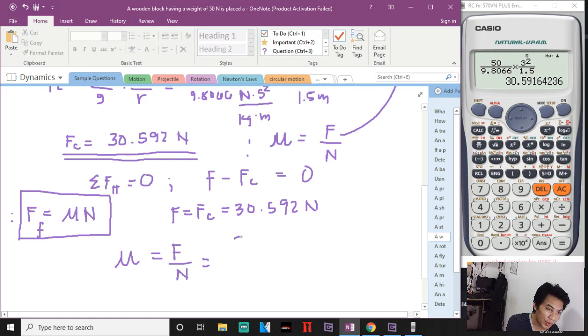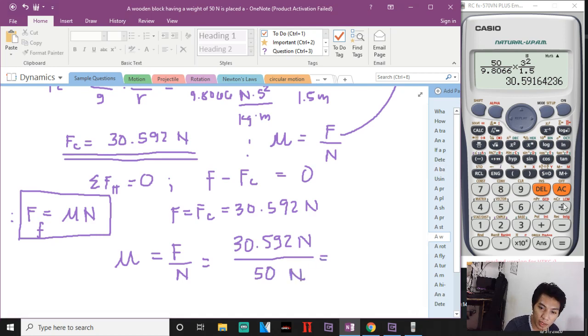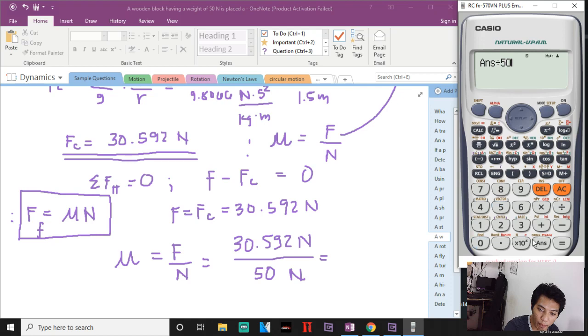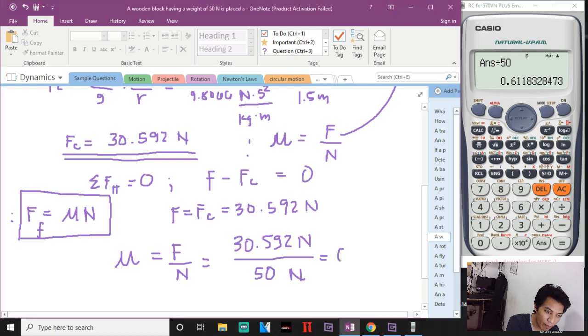Okay? So, 30.592 newtons divided by N. What is N? Eh, given sa'yo is 50 newtons. Therefore, divide na lang natin ito ng 50. More or less, nasa 0.6. So, ibig sabihin, very rough yung surface. 0.612. Non-unit yan. So, you have your number, problem number 15.